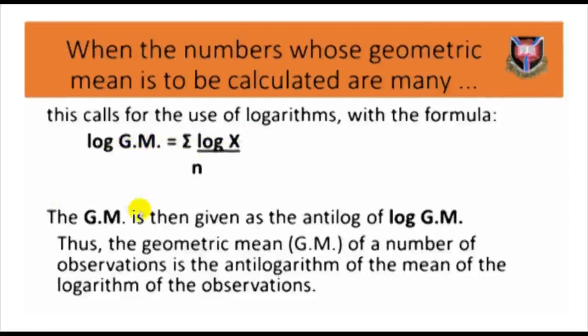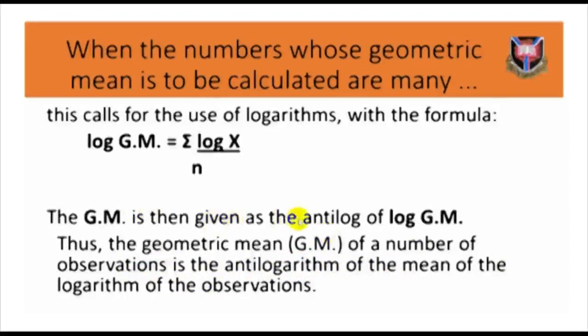The formula for geometric mean is log GM equals sigma log x all over n, where log x is the logarithm of each observation and n remains the same. Sigma log x over n means the logarithms of the observations divided by n.